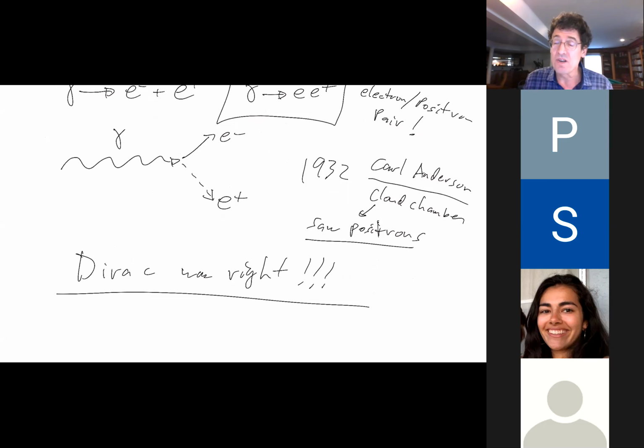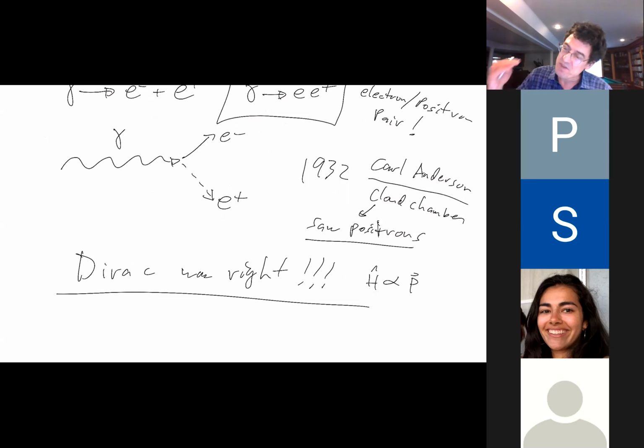Okay, so that's pretty cool. That's the discovery of antiparticles. And the thing that I think is so amusing about this whole thing is that all Dirac did was assume that the Hamiltonian is proportional to momentum.